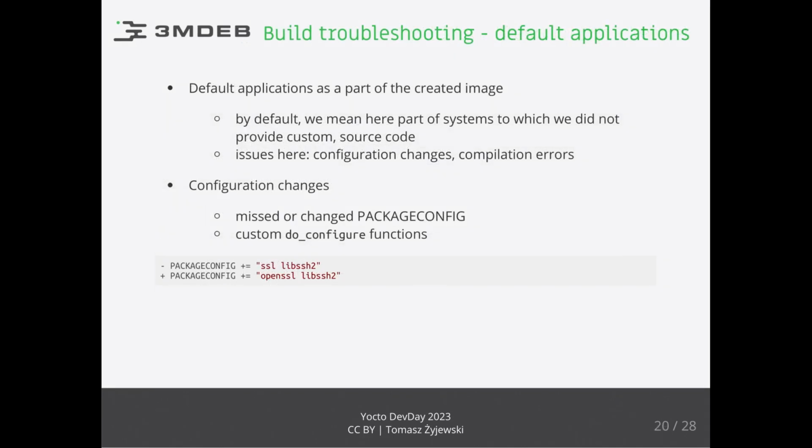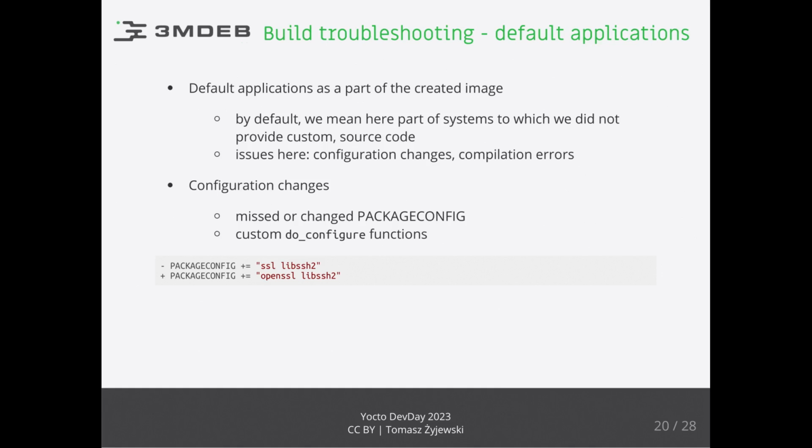Okay, so now we have the default applications problems. When we talk about the default application, we talk about an application for which we didn't provide the custom source code, and those are the ones that we just want to take from other external layers.